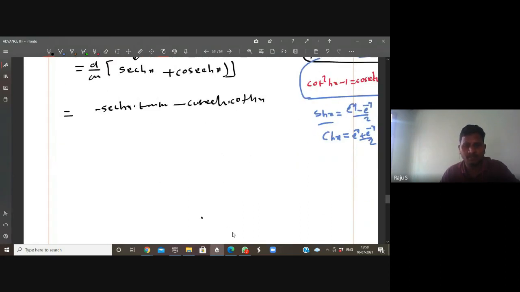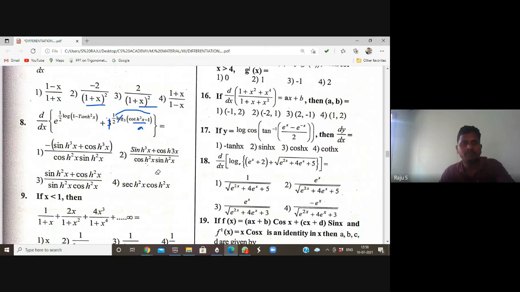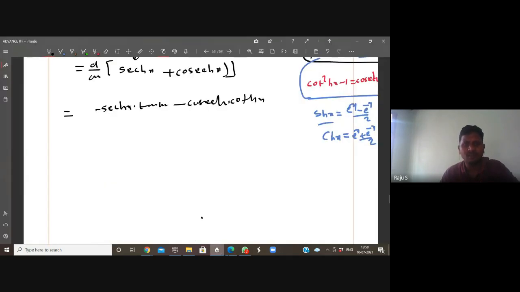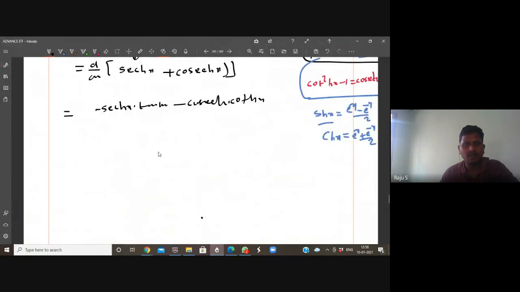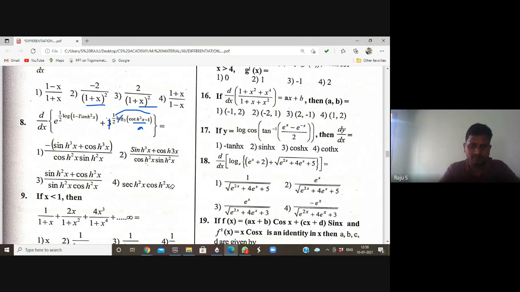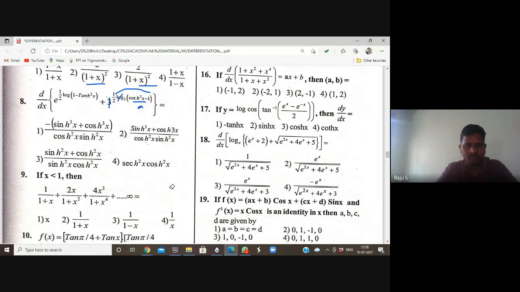The remaining three are negative. But they given in terms of, after that you can simplify this. Sine and cos will be there. Change this 1 by cos hx, this sine hx by cos hx, like that you can simplify, you'll get the answer, no doubt.